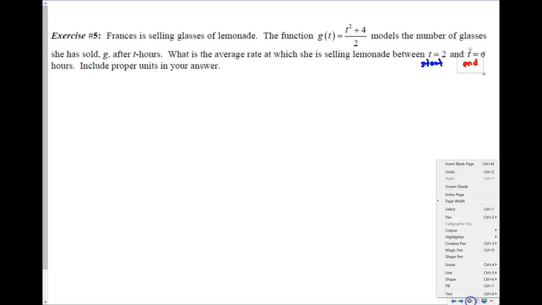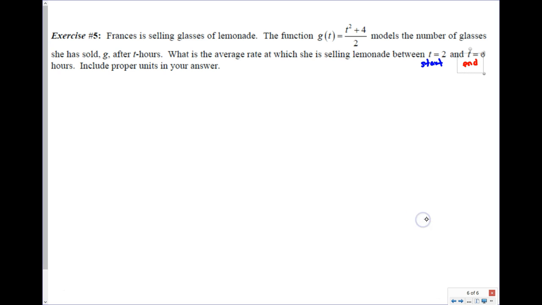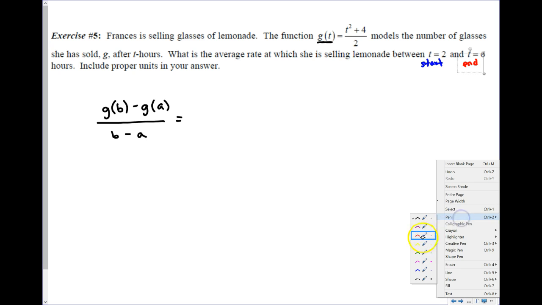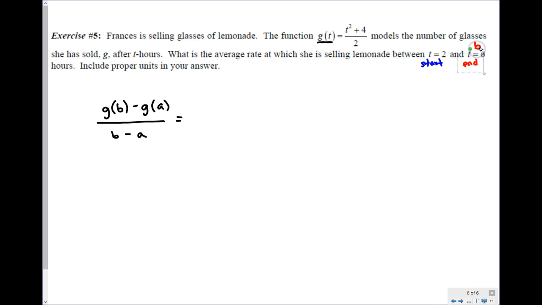Okay, and I'm going to write my formula. I'm going to use g because it's a function of g. So now I've got g of b minus g of a over b minus a. And I know that this right here is my b, and the blue one is my a. So now I just have to rewrite my formula.